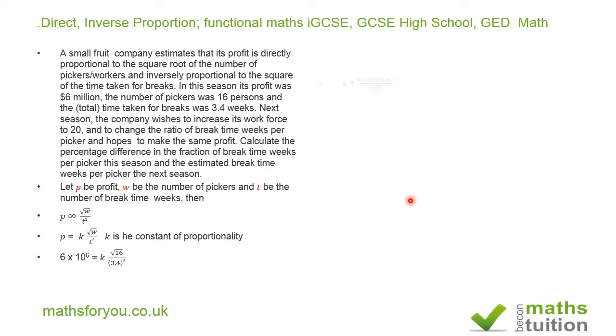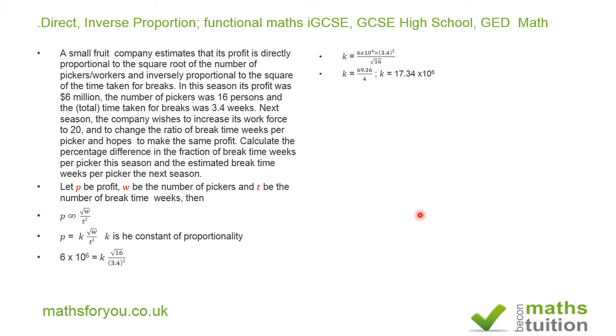Making K the subject, K is equal to 6 times 10 to the power 6 times 3.4 squared divided by the square root of 16. So K is 69.364 times 10 to the power 6 divided by 4, and K is then 17.34 times 10 to the power 6.